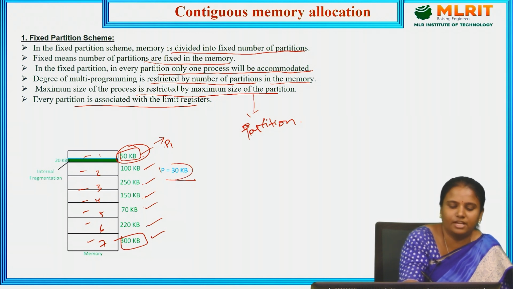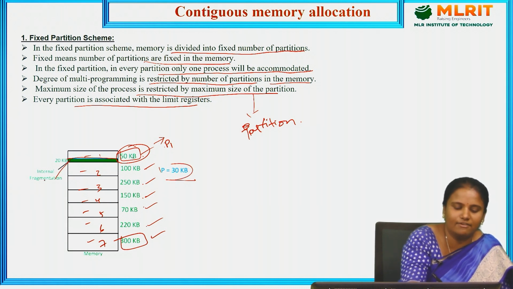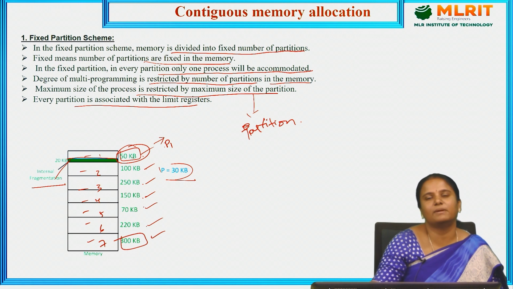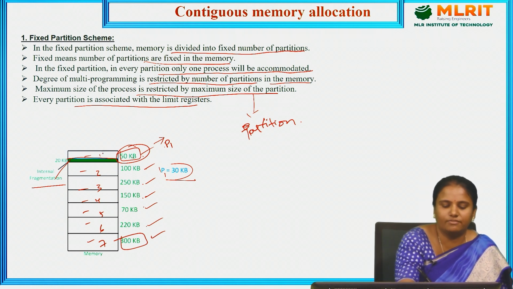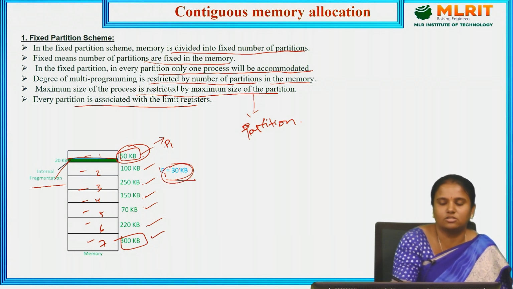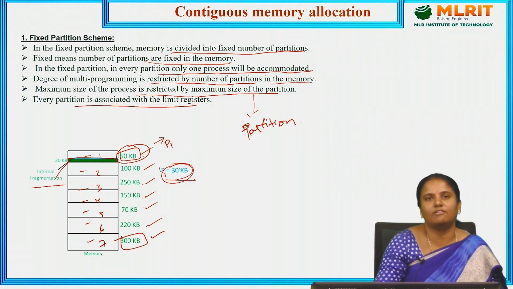Why? Because 50 minus 20 is 30. So 20 is internally fragmented, and 30 KB is left in partition 1. That is how you fix each partition by memory size.